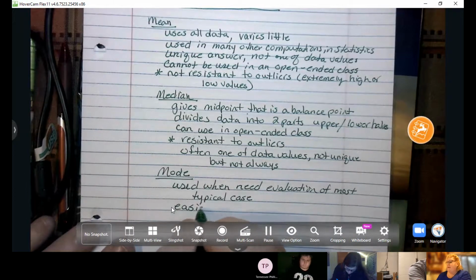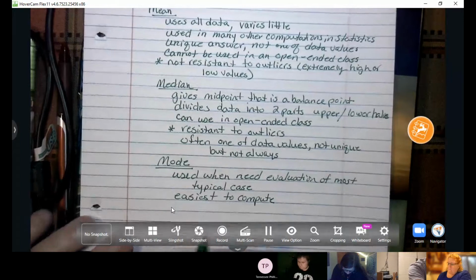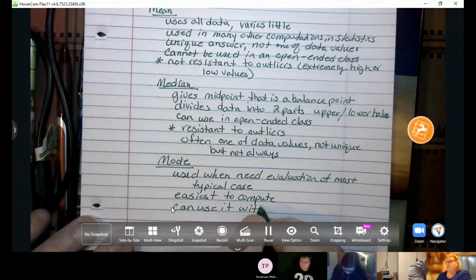It is one of the easiest to compute. You can use it with qualitative data.